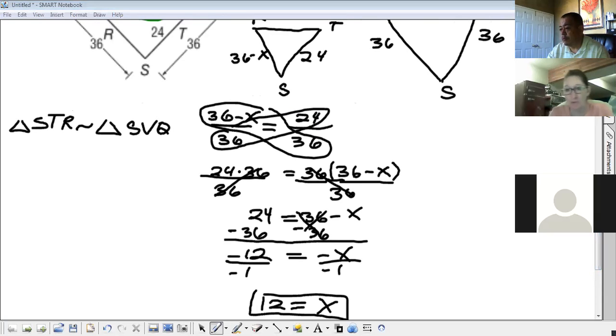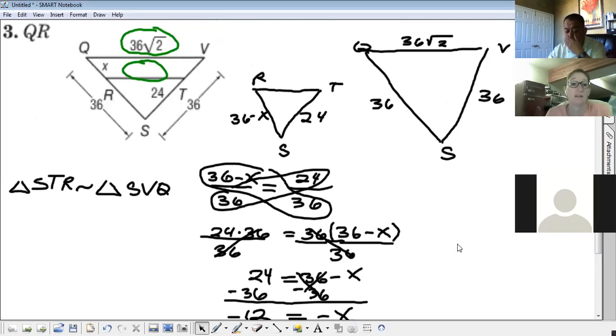But from that point, you could have just taken 36 equals 24 plus x. Because if ST is 24, then SR is going to be 24, and 24 plus x makes 36.